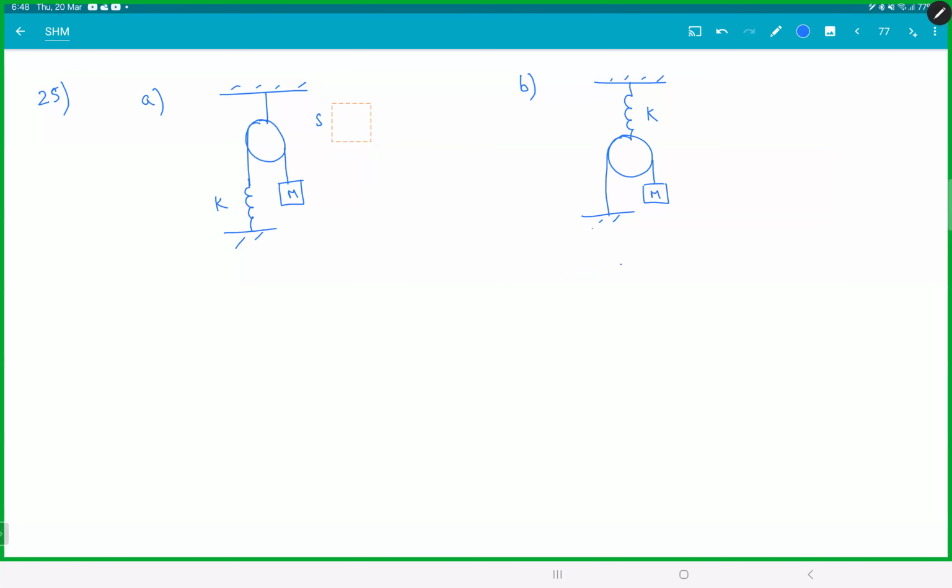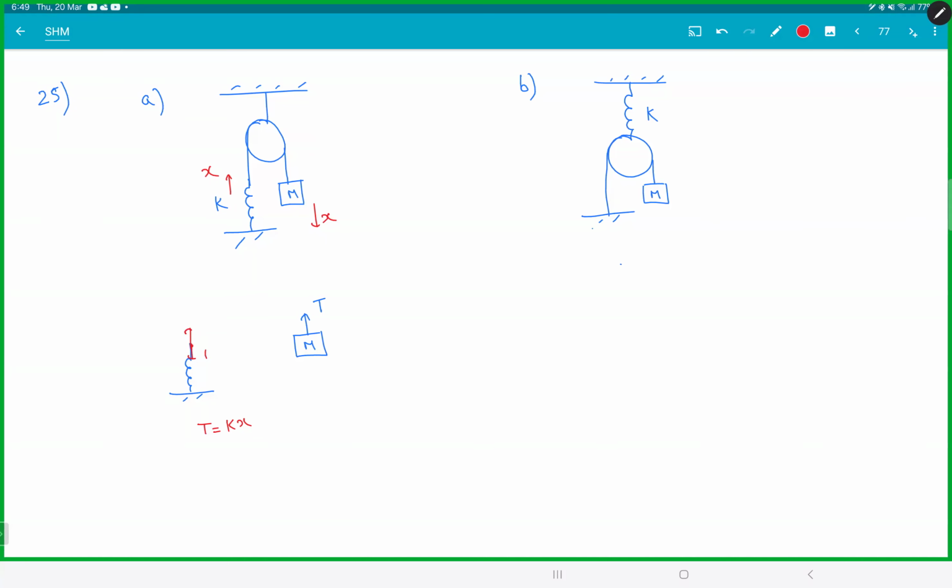So look at the first one. If I pull the block by x down, the spring will go up by x. So this will be tension and this will be kx. Tension is equal to kx. Remember, all these are changes in forces. This is the block, and the same force here, tension T. I wrote reverse actually.